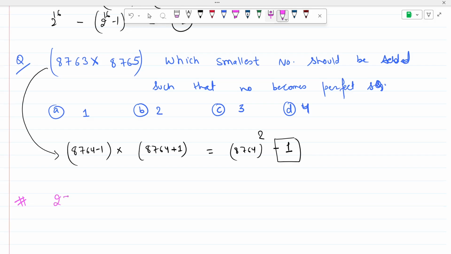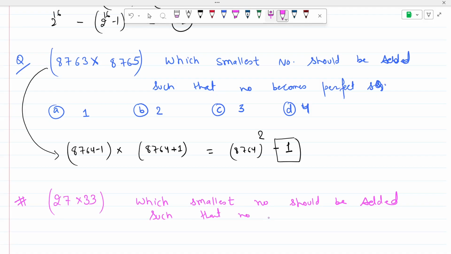Similarly, another way is, now the same question is for this number. We have this 27 into 33, suppose. Which smallest number, again the statement is same, should be added such that the number becomes perfect square?